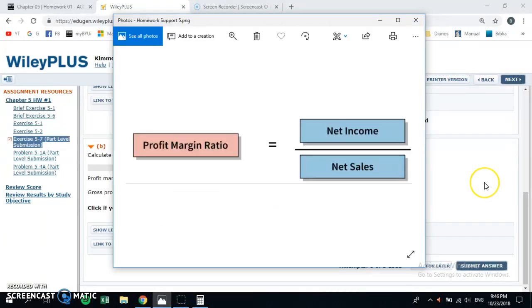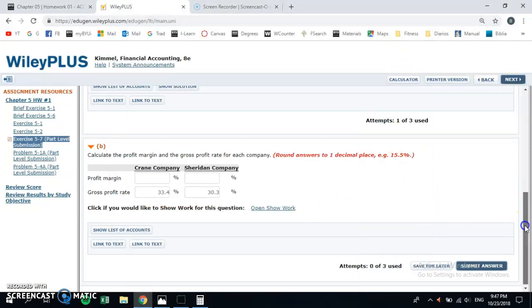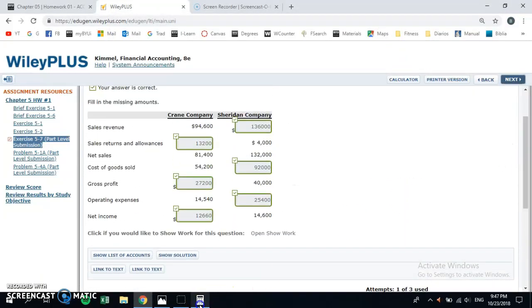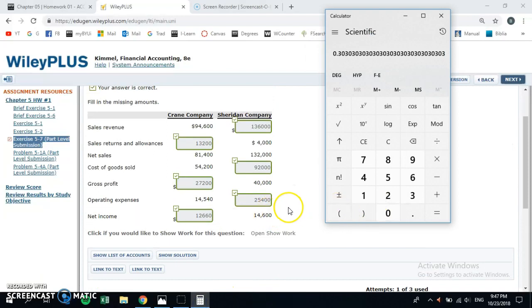I'm sorry, I think I pushed the wrong button there. So we're going to continue. What we're looking for is the profit margin ratio, and we get it by dividing net income by net sales. We're going to do it for Crane Company.